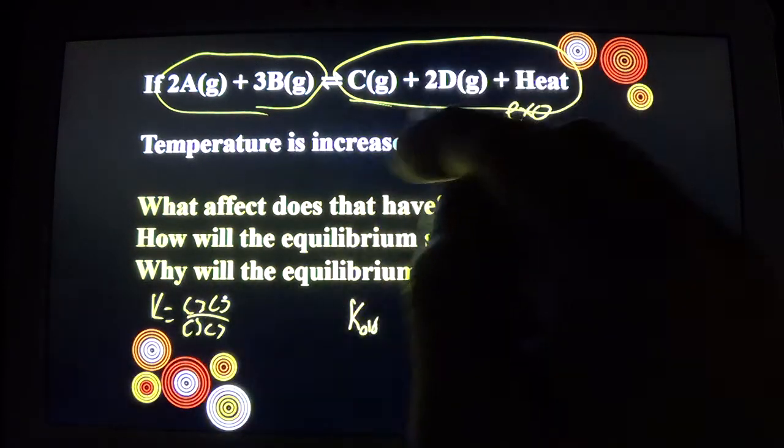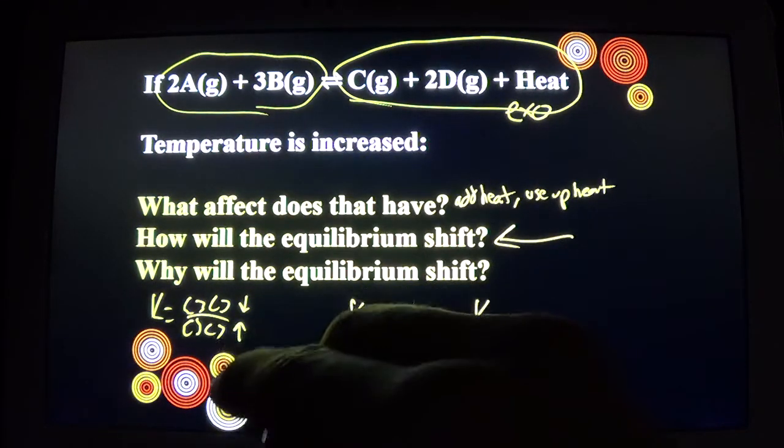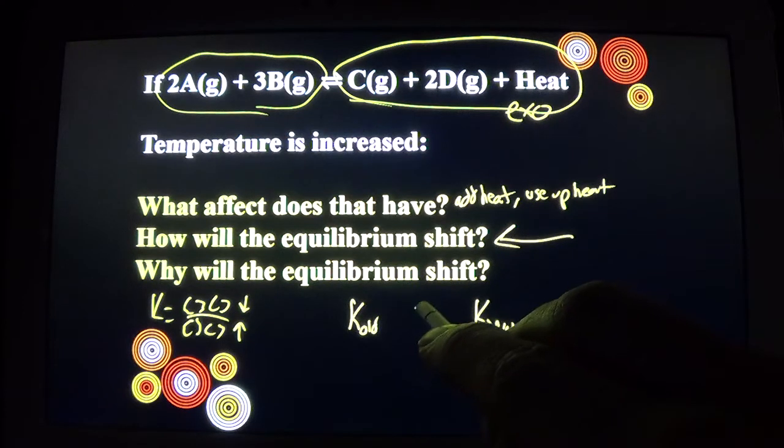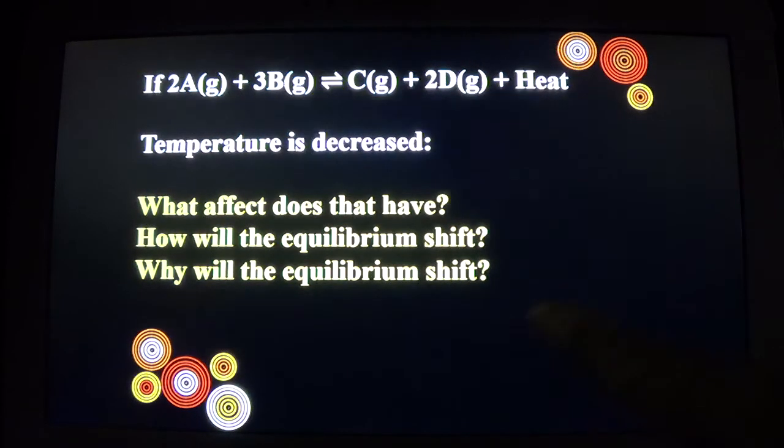So we're shifting that way. We're going to be using up products. We're going to be making more reactants. My new K is going to be bigger. My new K is going to be greater than my old K was. My new equilibrium is going to be at a number bigger than my old K is. How much bigger? I don't know, but I know it's got to be a bigger number.